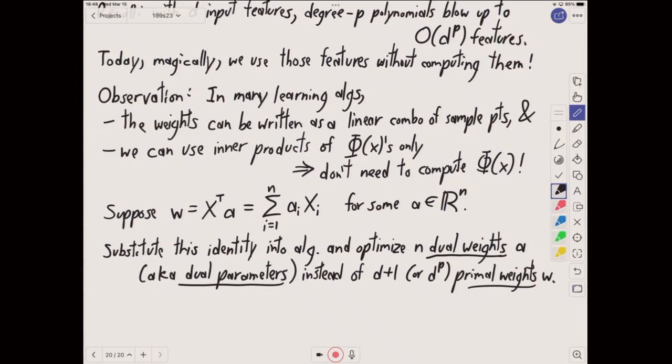And once you find an optimal value of A, well, you can go back from the dual weights to the primal weights just by plugging it into this equation, and that gives you the primal weights W. So to make this concrete, let's kernelize an algorithm.